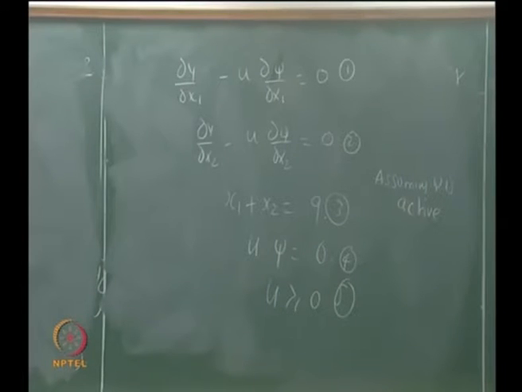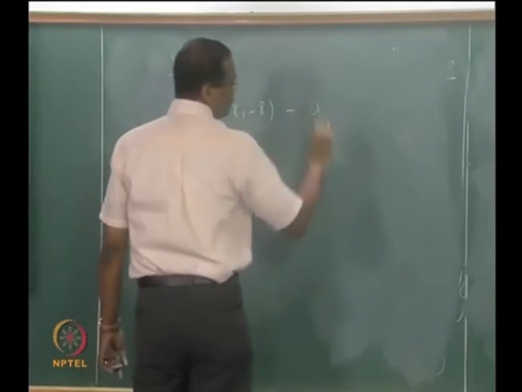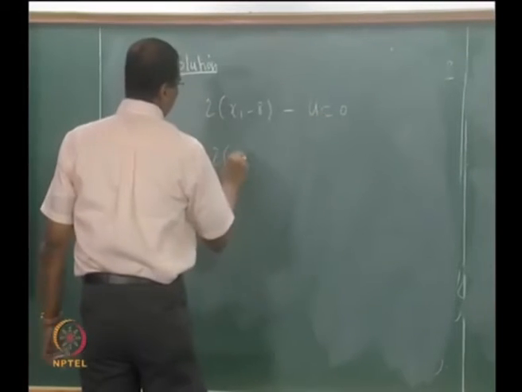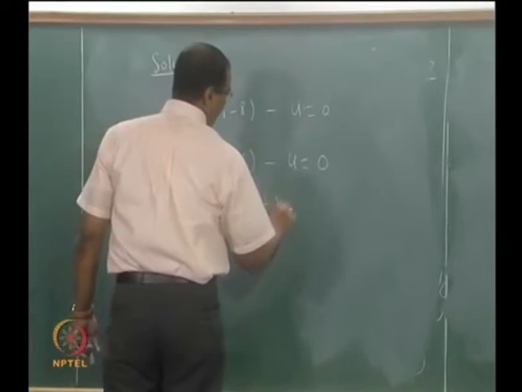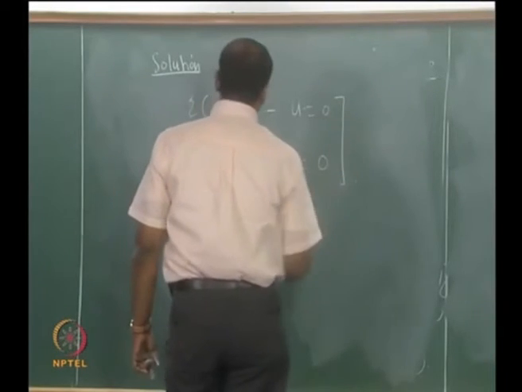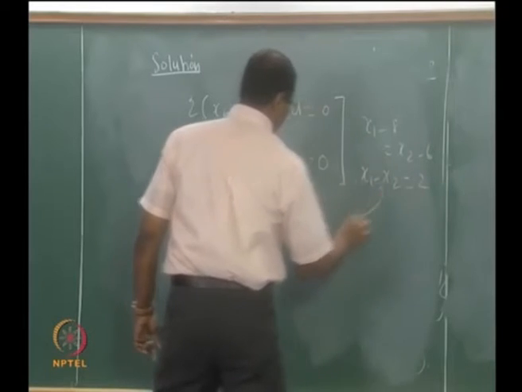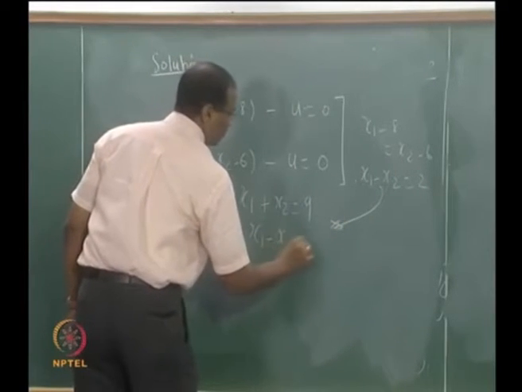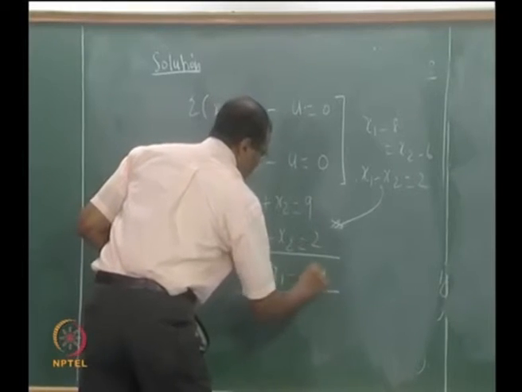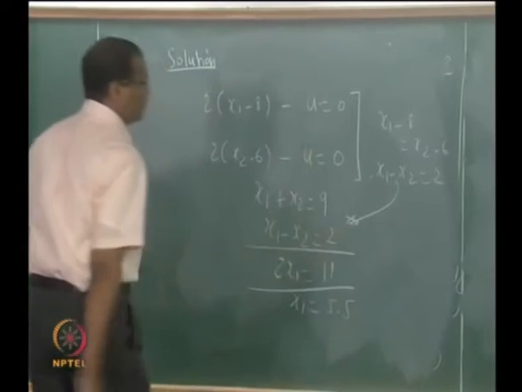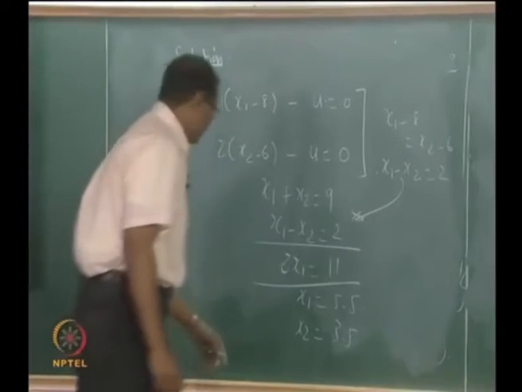Now what is the solution? 2 x1 equal to 0. Am I doing all right?